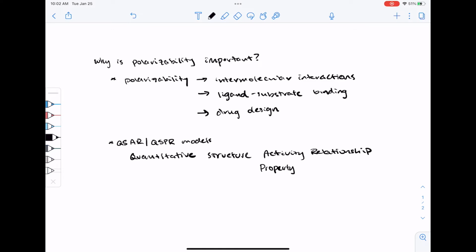What these models do is they take in various properties of a molecule and attempt to predict other properties of that molecule. And polarizability, again, is useful in these models because it is correlated with electronic structure.